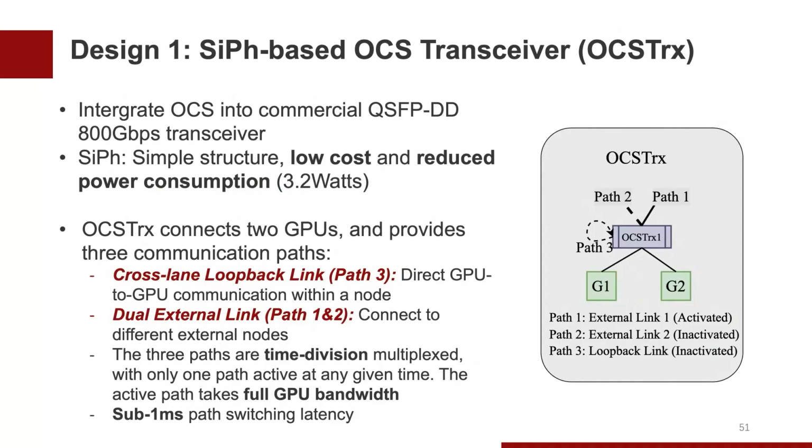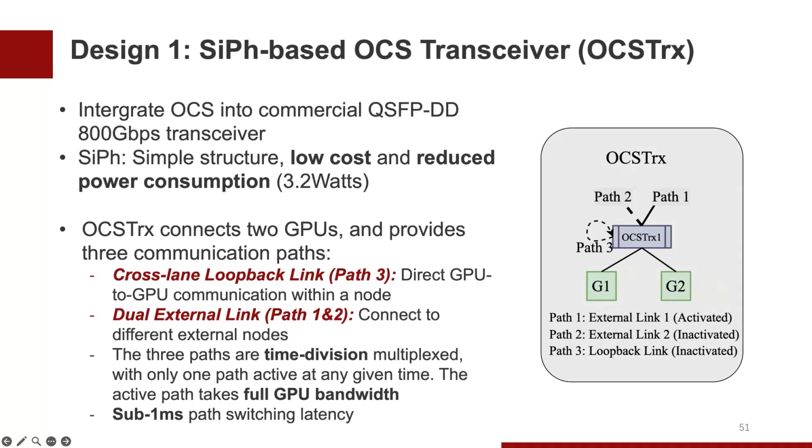Our current implementation is based on 800 Gbps, and our key technique is silicon photonics technology, which can simplify the structure, reduce the cost, and provide lower power consumption. By leveraging this hardware, we can really reduce the cost and increase the scalability.